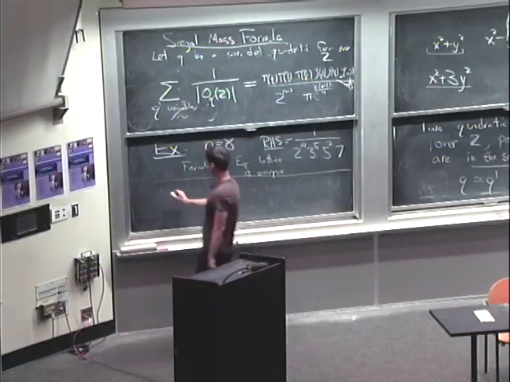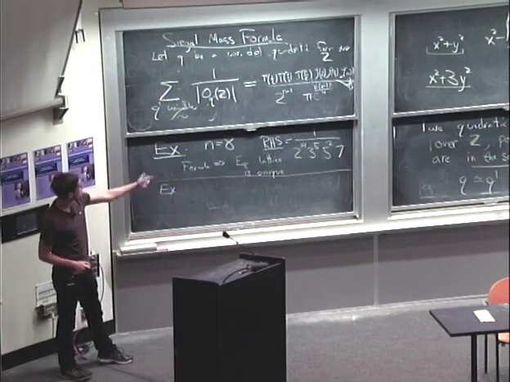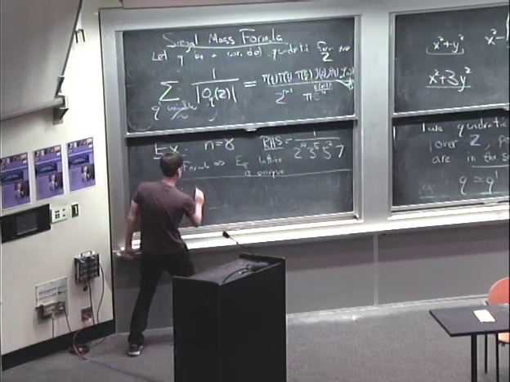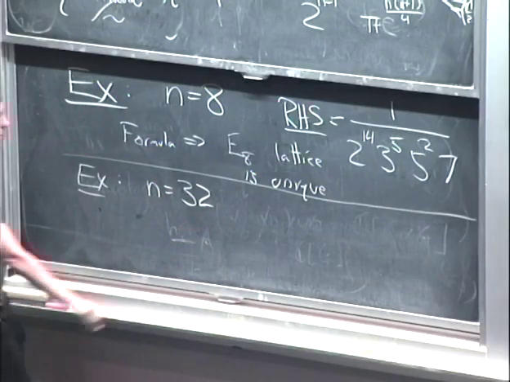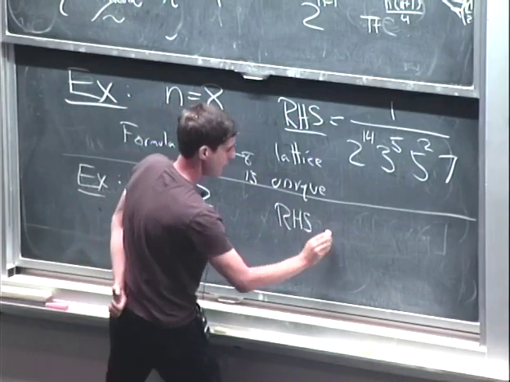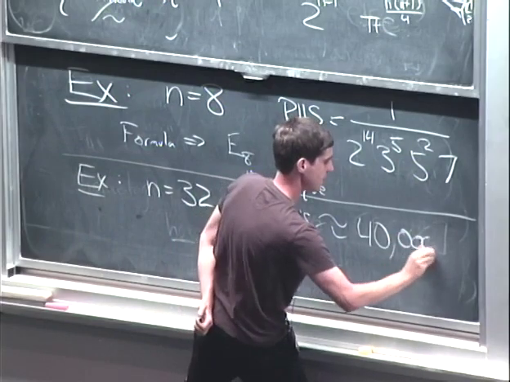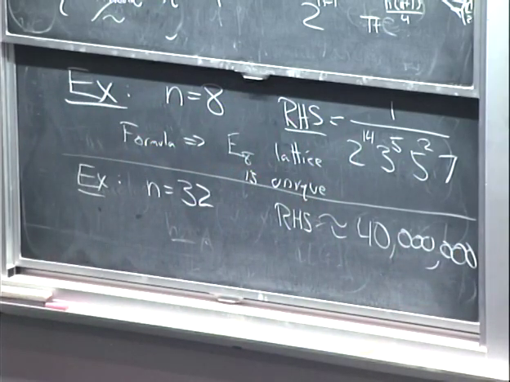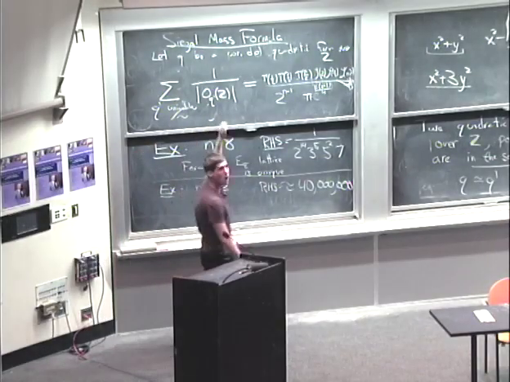So lest you be tempted to think that this equality is an equality between numbers that look fairly small, let's consider n equals 32. Well, in this case, the right-hand side is approximately 40 million. And the left-hand side is a sum of terms, and each of those terms is at most 1.